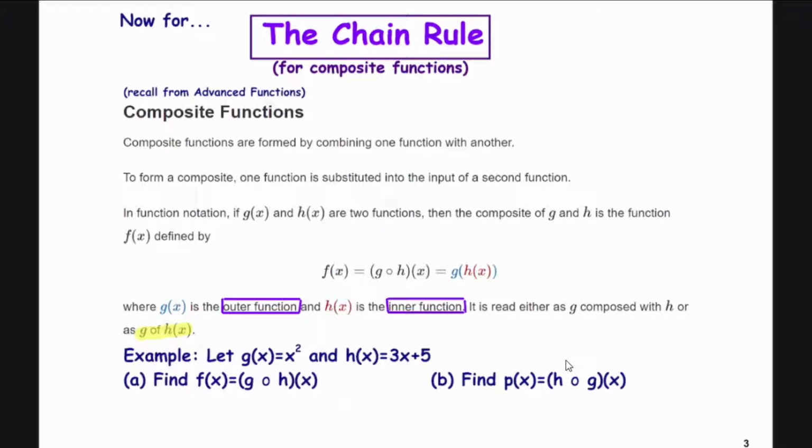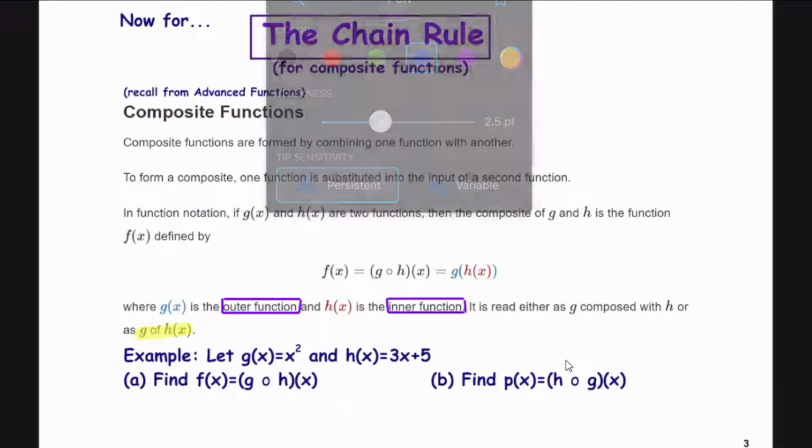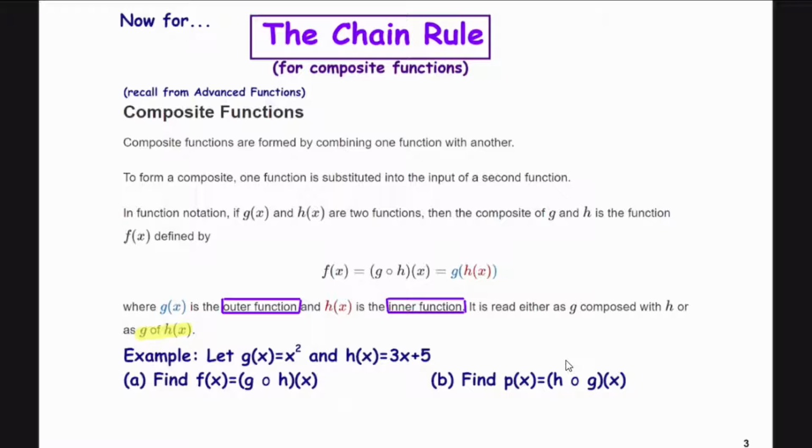And let's just visualize, thinking about our function as a machine, what that's going to look like. So h of x is my inner function. I'm going to put my x value into my function machine, which is my function h, and the output is going to be h of x. That output becomes the input for my next function machine, my outer function g, and gives me my output of g of h of x.